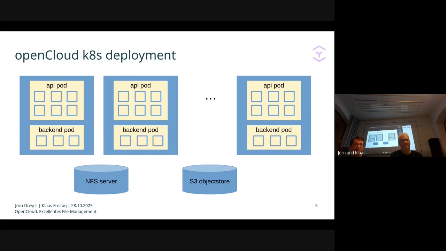So we have an API pod that runs all the services that handle request-driven traffic. We have a backend pod that handles events that are handled by a NATS cluster in Kubernetes as well. And that's far more traditional, I would say, but it scales far better.